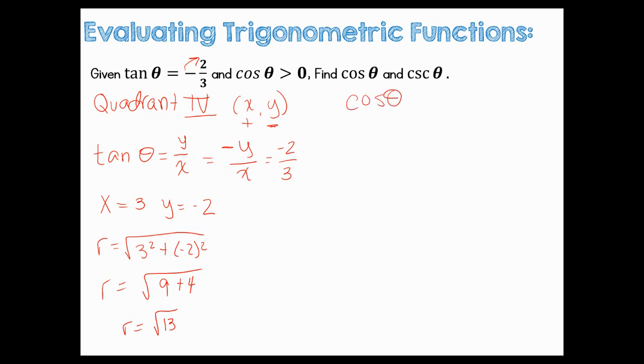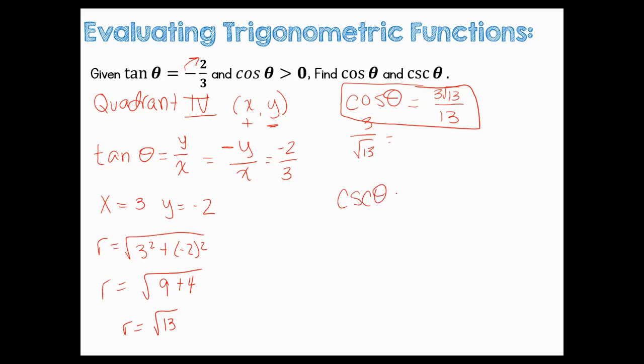Cosine of theta. We know that the answer is going to be positive. The cosine of theta is x over r, so we have 3 over square root of 13, which is going to rationalize to give us 3 square roots of 13 over 13. So that's one answer. Now cosecant.